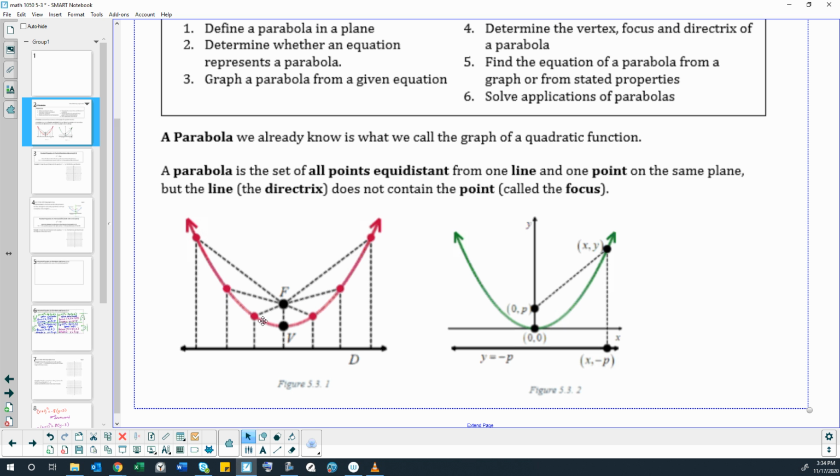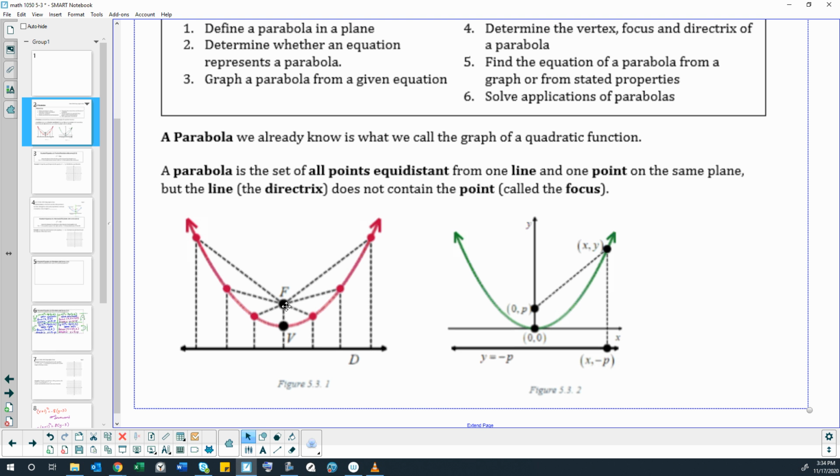Every point on the red parabola is exactly equidistant from the focus and the directrix. So if we draw a line from the focus to the parabola and then draw a line from that point on the parabola straight to the directrix, those two lines are the same length, just like these two lines would be the same length, and these two lines would be the same length.